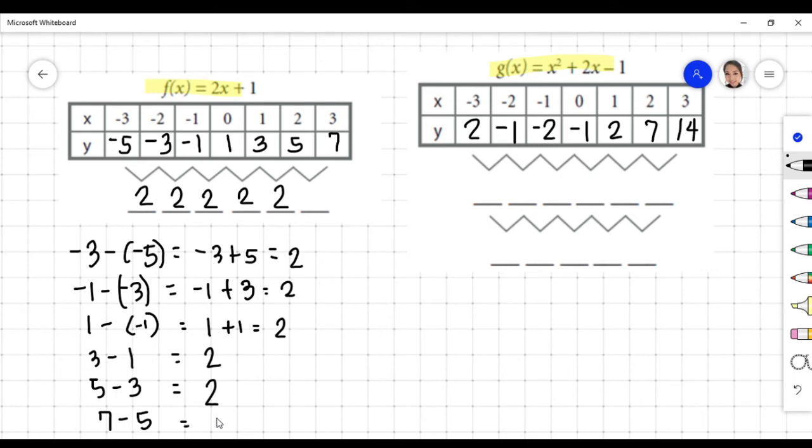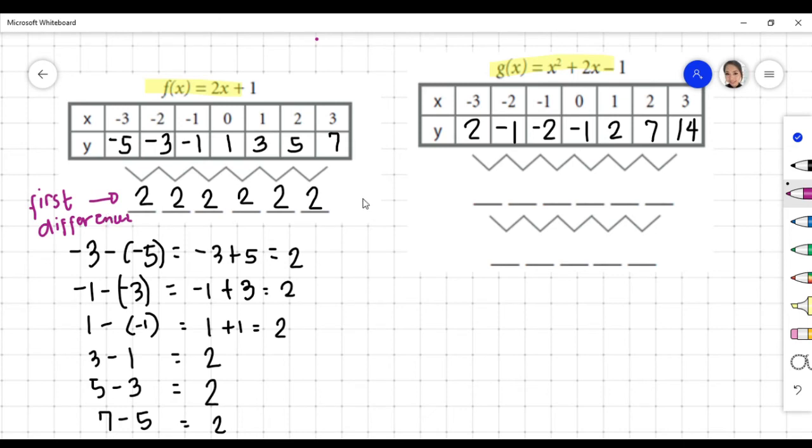And 7 minus 5 is also 2. So here, notice that the first differences are all equal to 2. Or the first differences are all the same, which is equivalent to 2.